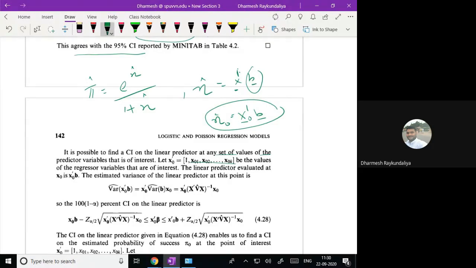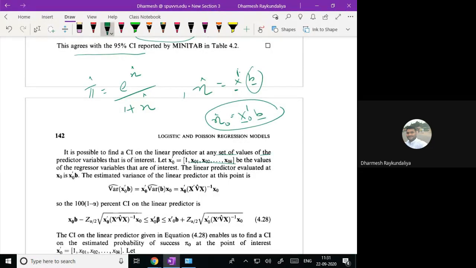For example, in yesterday's practical, we have seen that if we give the dose as 1.8, we had only considered the one variable, dose. That's why I have taken x0 as 1 comma 1.8. Here, because we have considered k regressors, it is 1, x01, x02 up to x0k. So that is given to you.